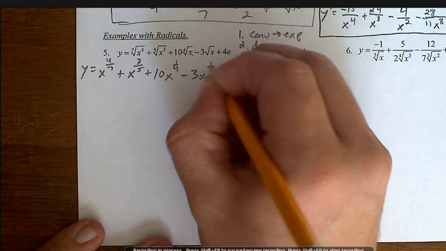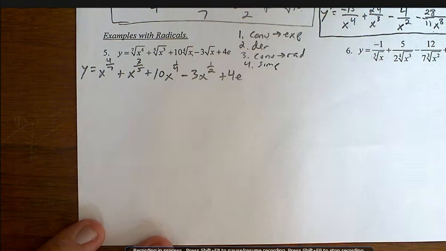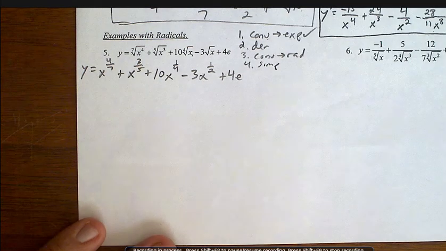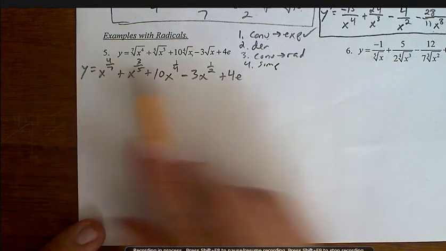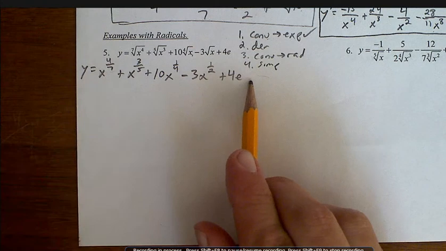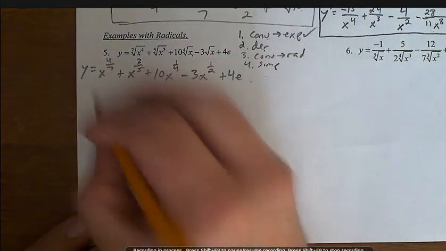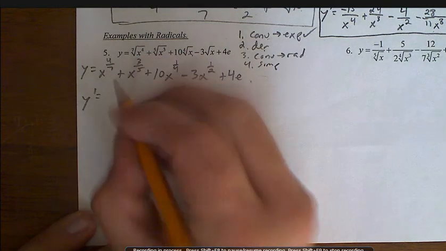So now 4/7 comes out front. 4/7 minus 1. Again, 4 minus 7 is negative 3. Plus 3/5 comes out front. 3 minus 5 is negative 2.